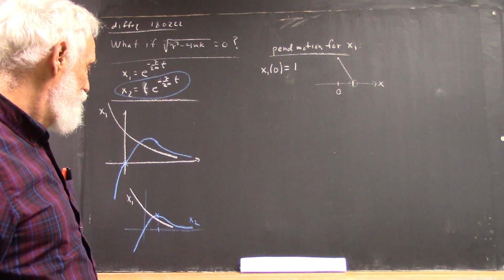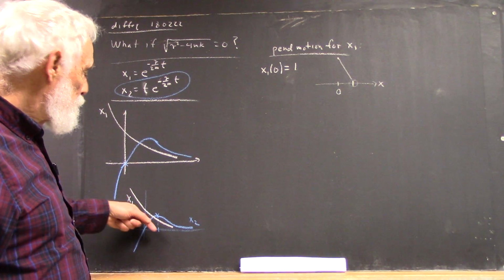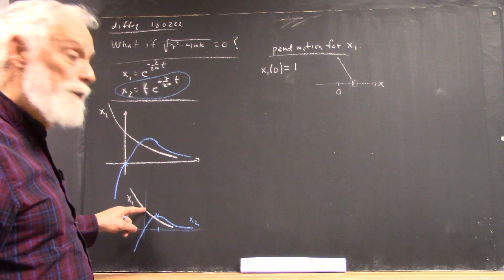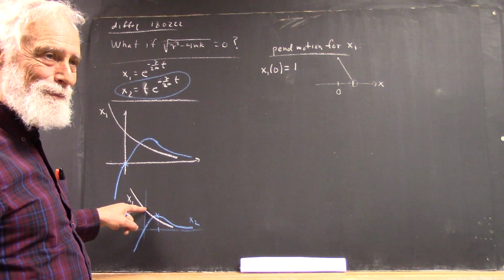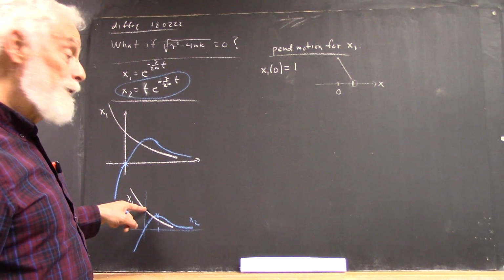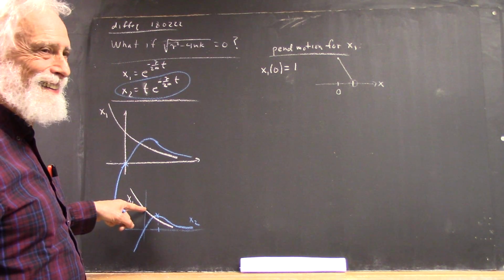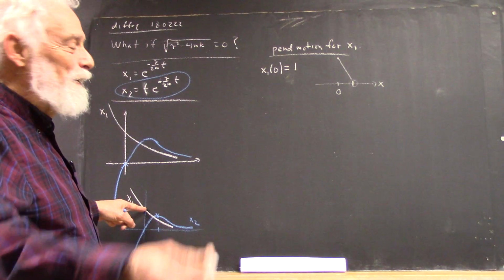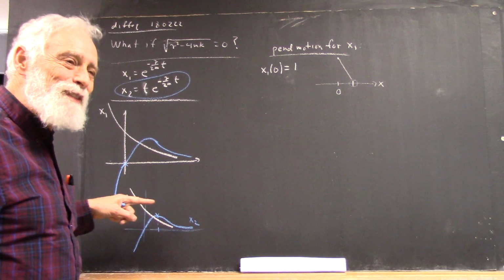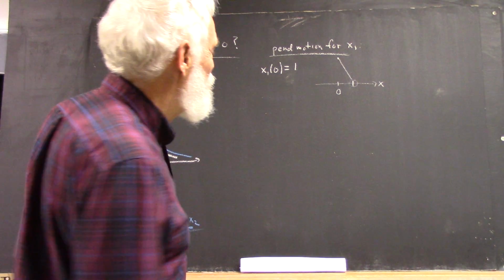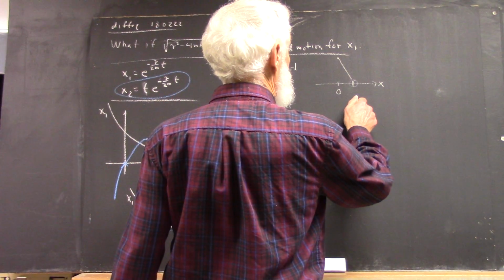Because it's not at position 0, right? How about the fact that this graph has a non-zero slope at t equals 0? That'll work. You have a positive or negative velocity? Positive. Oh, wait. No, it should be negative. Negative velocity. You're kind of on a roll there. It's going down. Okay, so this thing is also moving, right?